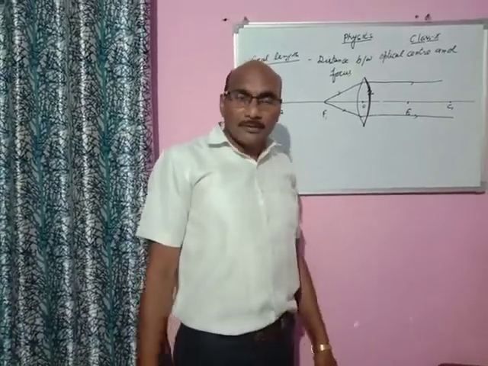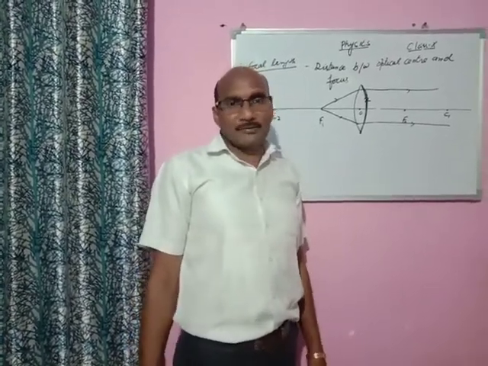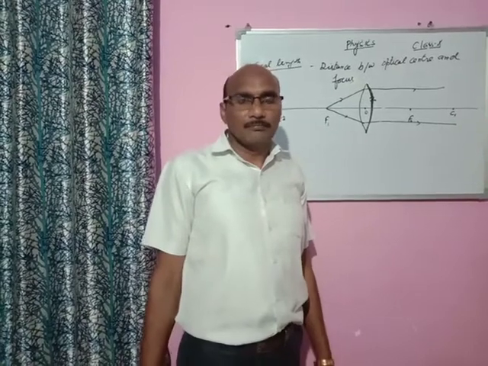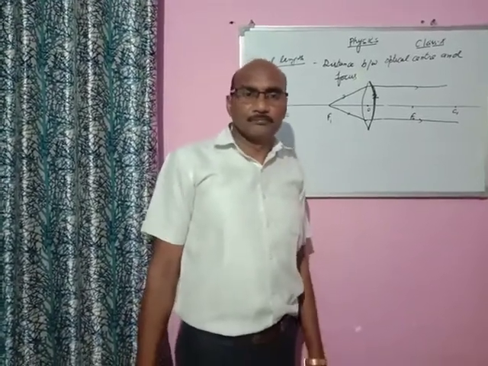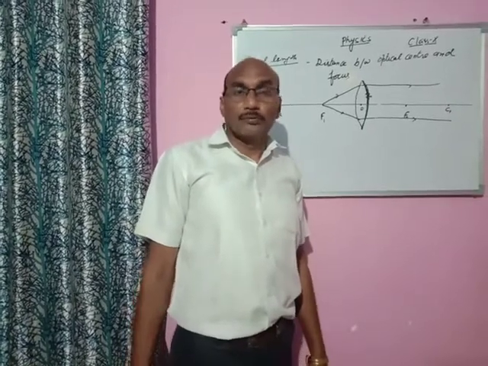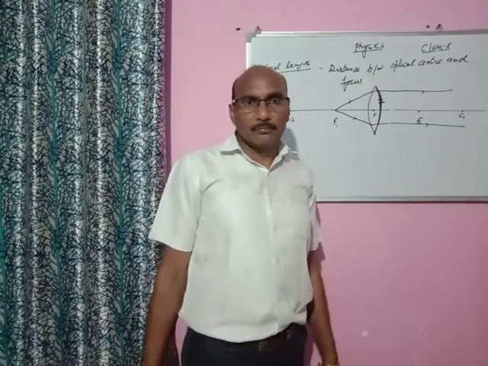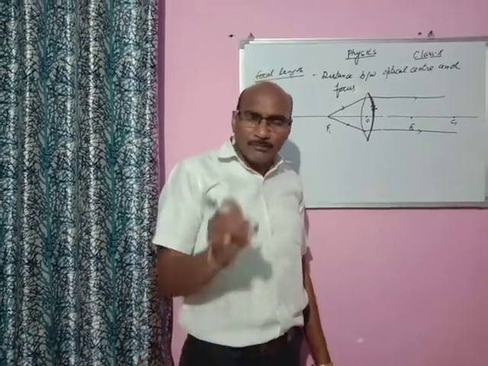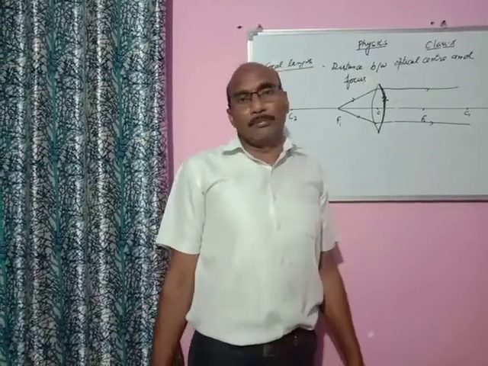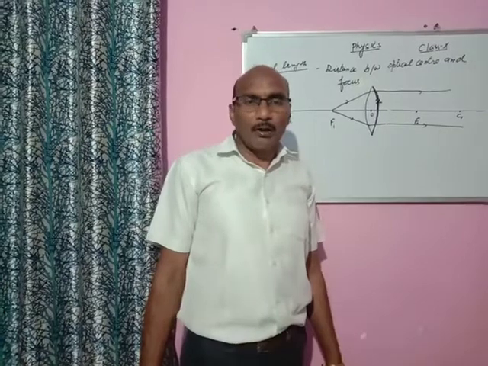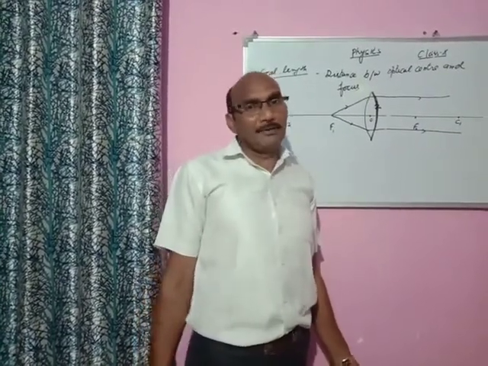Now, generally one question is asked for 2 marks. What are the factors on which the focal length of a lens depends? So, the focal length of a lens depends on the material. Why material? We will not write the term material, we will write the refractive index of the material, that is, up to which extent light is refracted by a material.